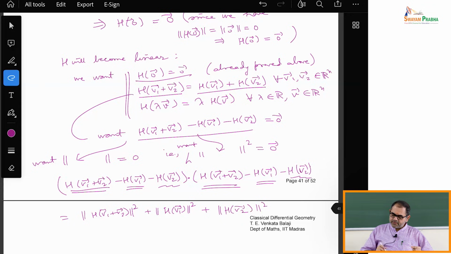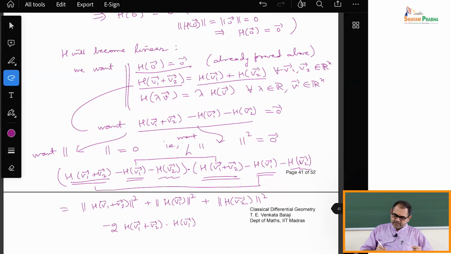The mixed terms are going to be: I'll get H(V1 plus V2) dot, let us say, HV1 from the first term with a minus sign, and then I'll get the same term when I combine minus HV1 in the first term, dot it with H(V1 plus V2) in the second term. So I will get a minus 2 H(V1 plus V2) dot HV1.